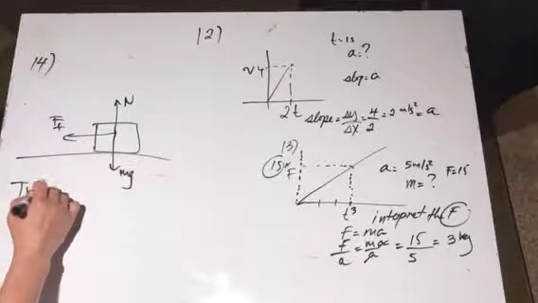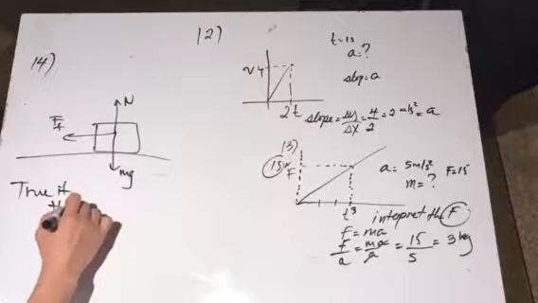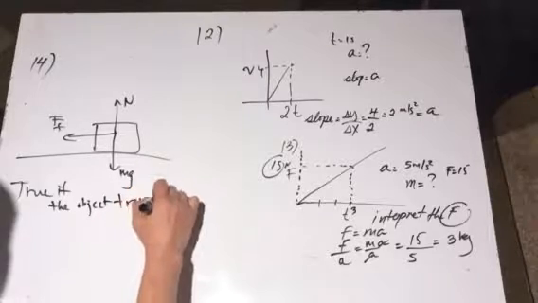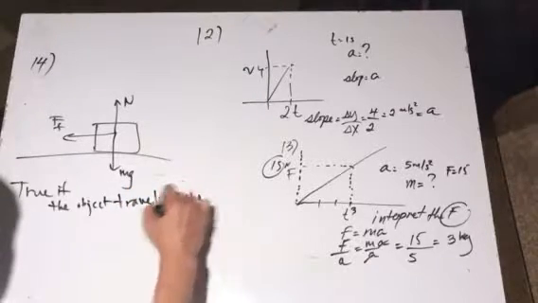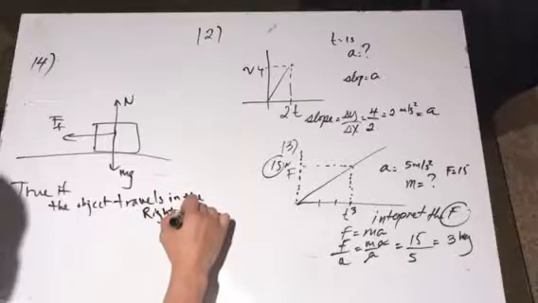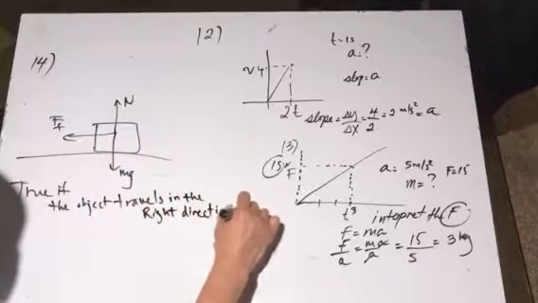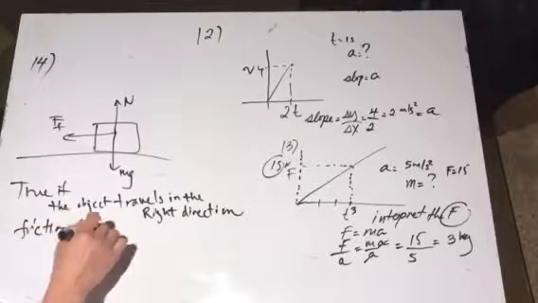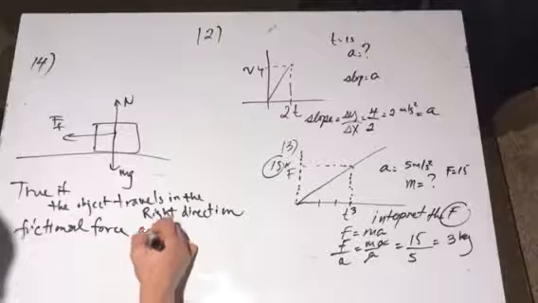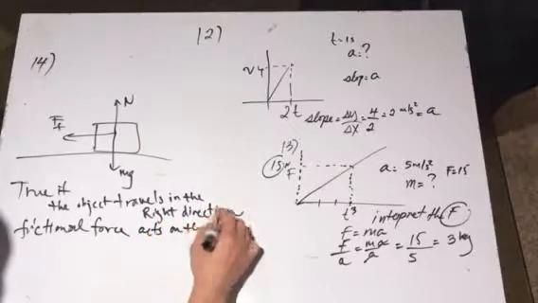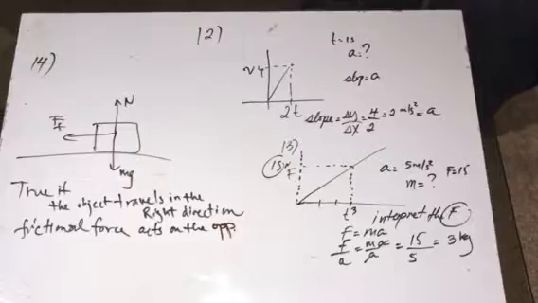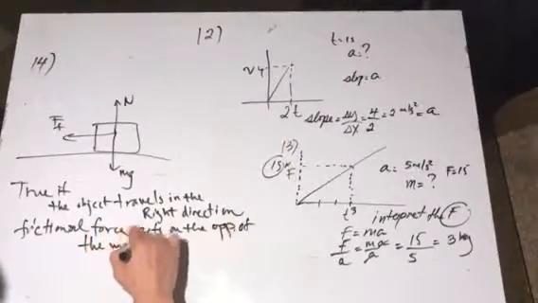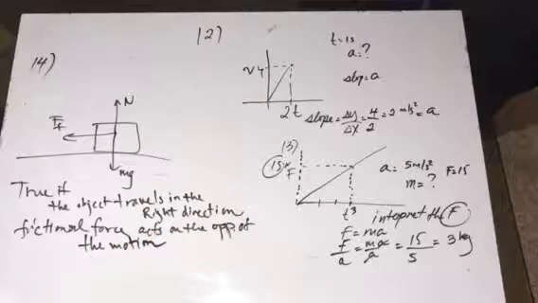This is true if the object travels in the right direction, because you know frictional force always acts opposite to the motion. That's what it is. Opposite of the motion.